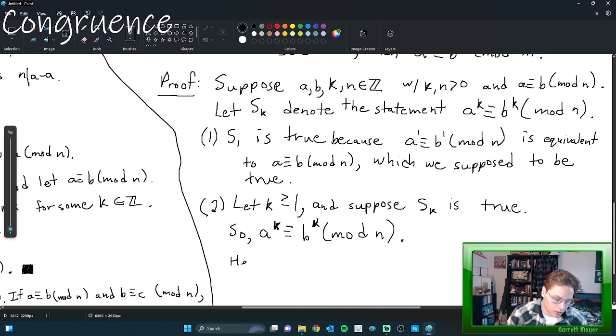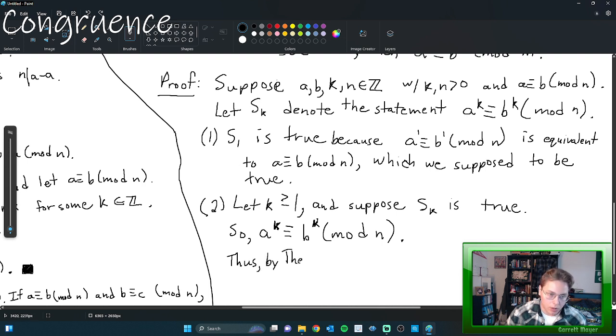Oh wait, no. So this is going to be the first time I think that we cite another theorem in a proof. And the theorem that we're going to use is theorem 1.14.